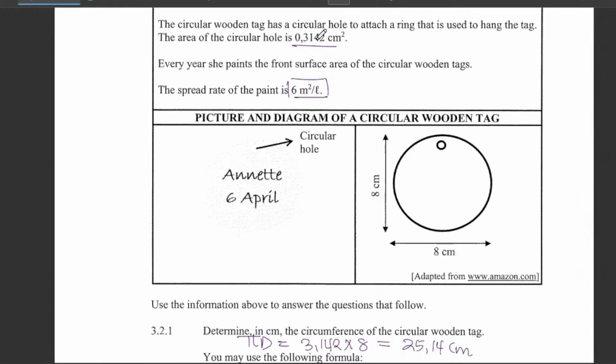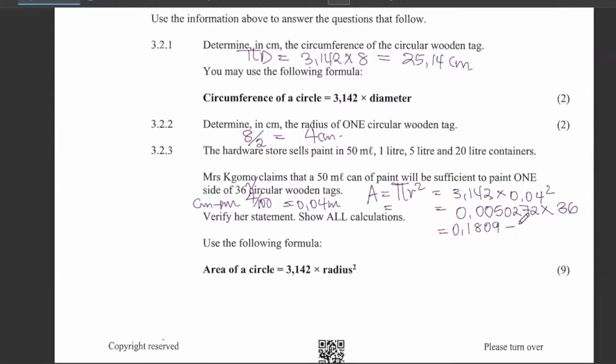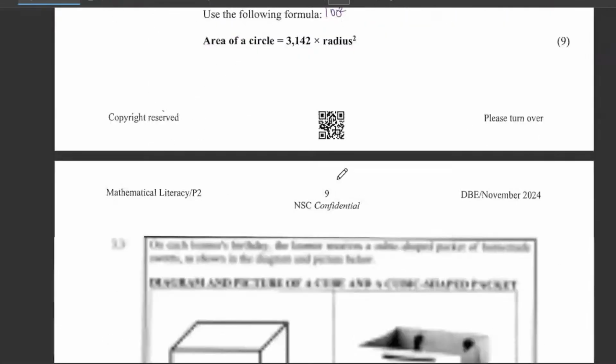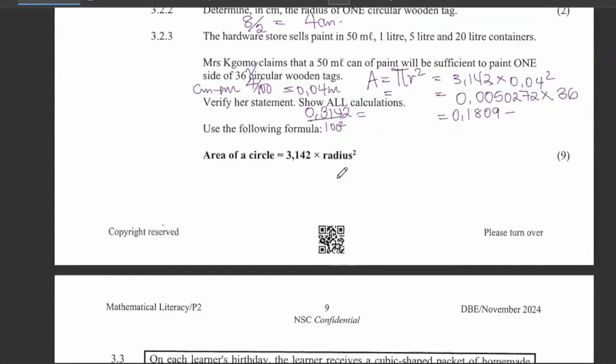These are centimeters squared. So we need to change them into 0,142 centimeters. We need to change them to meters squared, whereby we divide by 100 squared. 0,3142, 0,3142 divided by 100 squared.